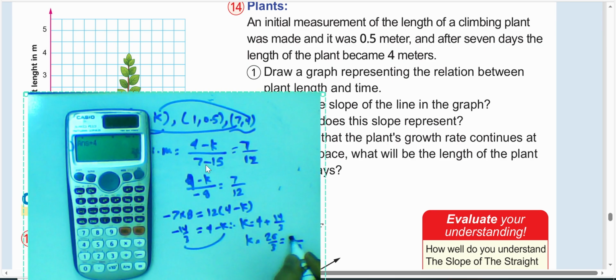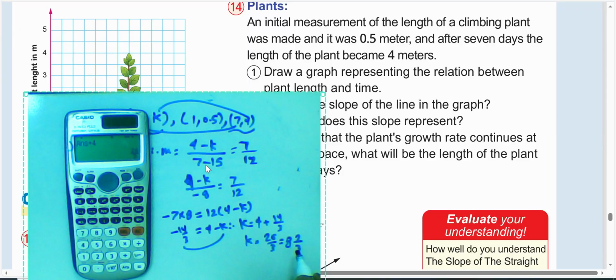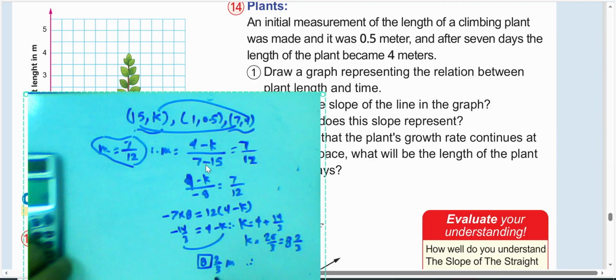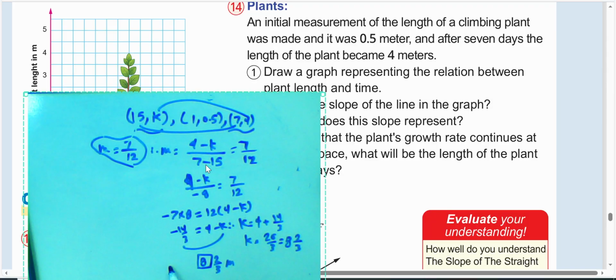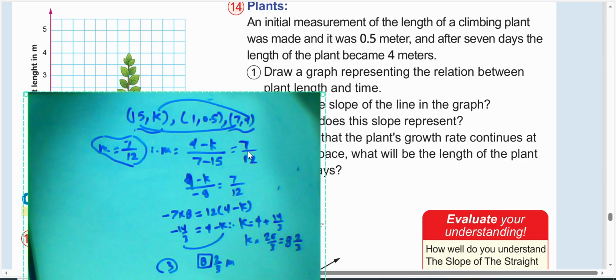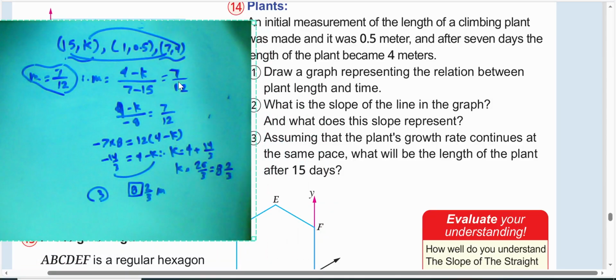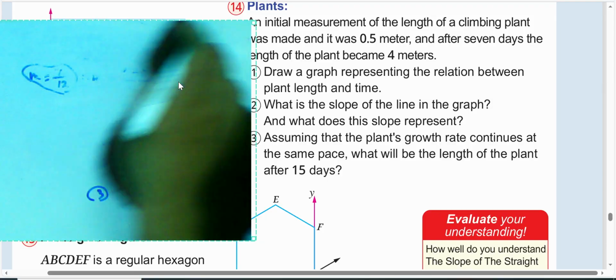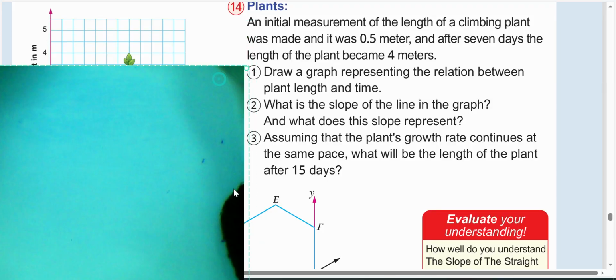Write 3 down. 3 times 8 is 24, and remainder 2. Then k will be 8 and 2 over 3. Then the length will be 8 and 2 over 3 meters. The solution for question number 3: the length after 15 days will be 8 and 2/3 meters. Okay, this is question number 3.